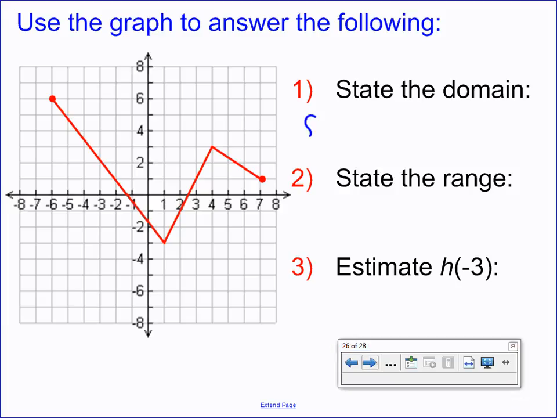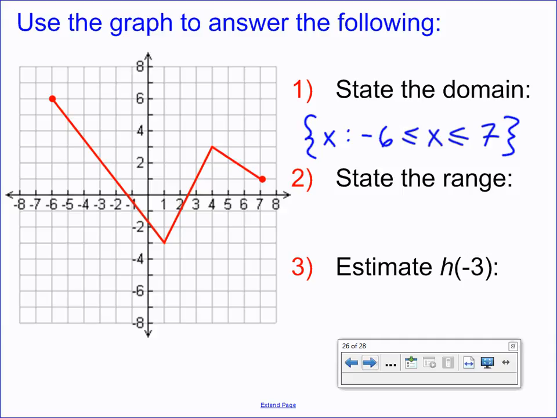We'll say the set of all x values such that, and now I go to the leftmost side of my x window. So along the x-axis, the leftmost side of my picture is that x equals -6. And so -6 is the left side of my window, which is less than or equal to x, which is less than or equal to my right side of my window. So we'll go all the way to our right side. What's the greatest x value for which a picture is produced? Looks like 7 is the greatest x value for which a picture is produced.